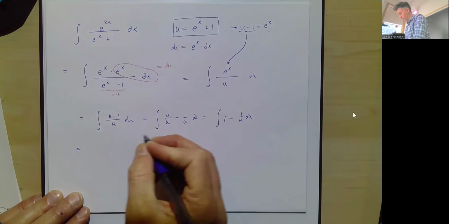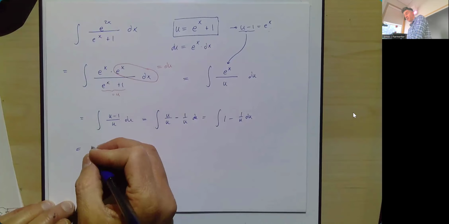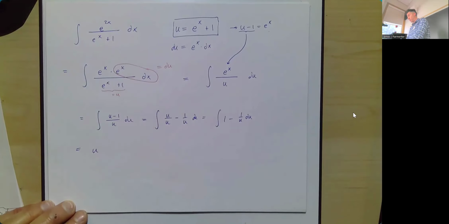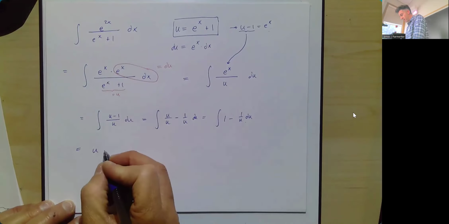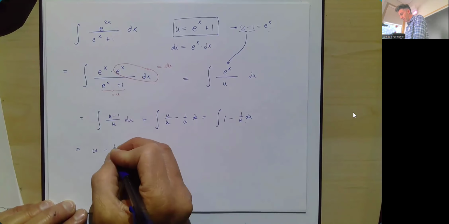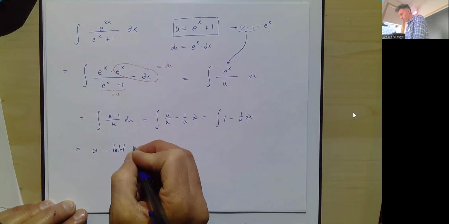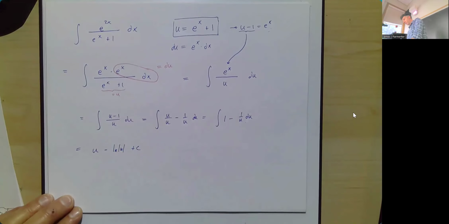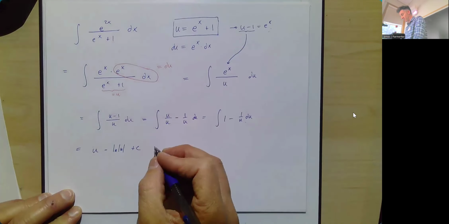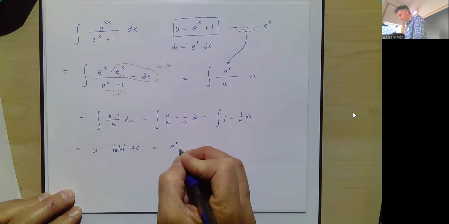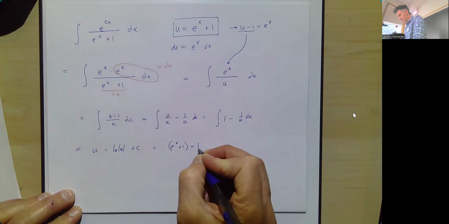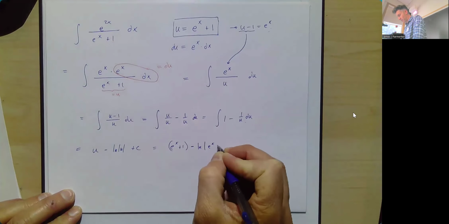That's going to equal the antiderivative of 1, which is not x, it's u in this case, because it's with respect to u, minus the integral of 1 over u, which is the natural log of the absolute value of u. Let's see. We plug back in what u is equal to, which is e to the x plus 1, and we get e to the x plus 1 minus the natural log of the absolute value of e to the x plus 1.